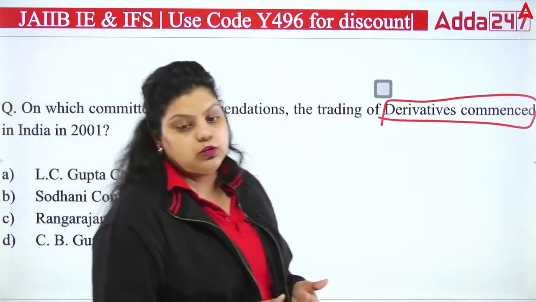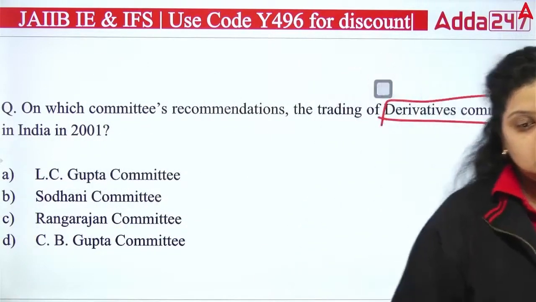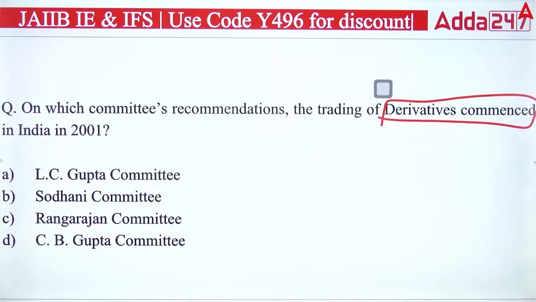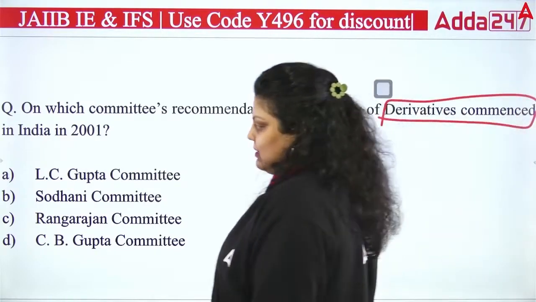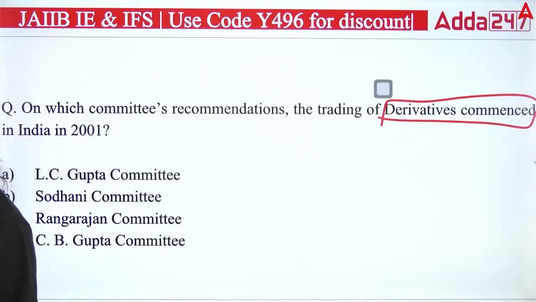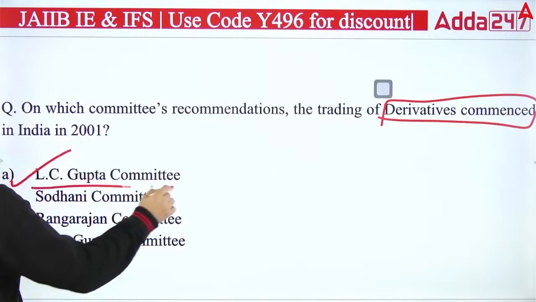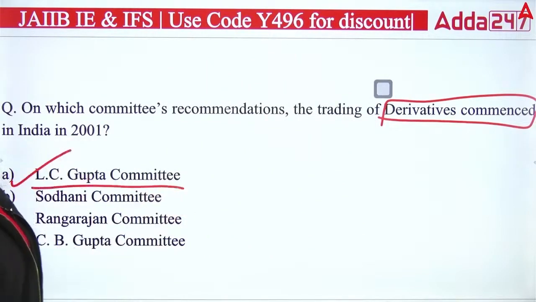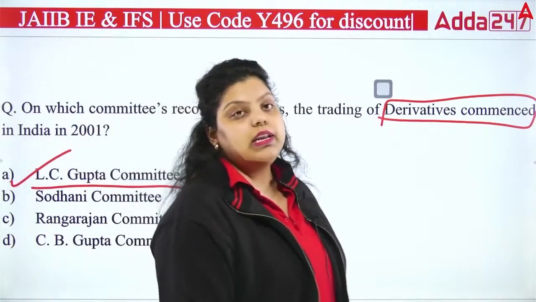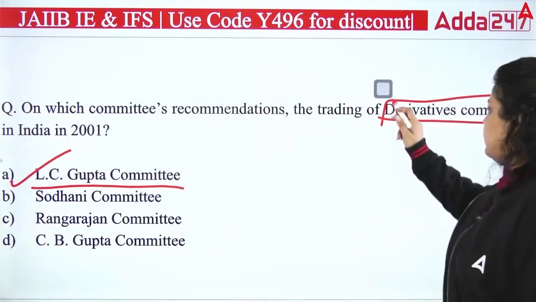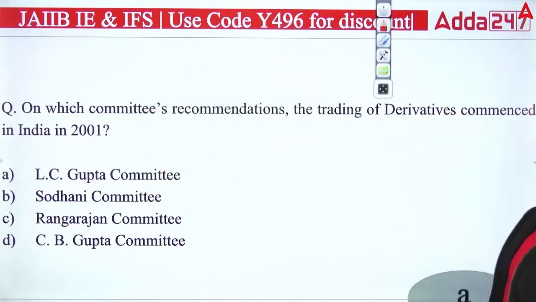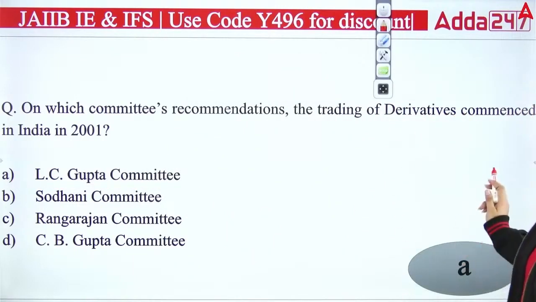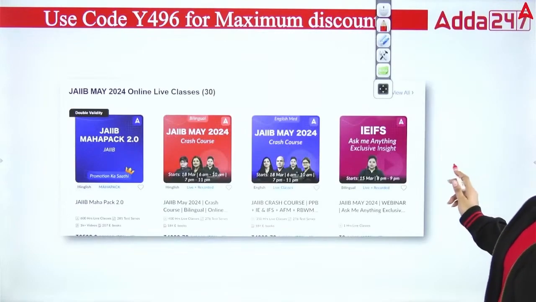LC Gupta Committee, Sudhani Committee, Rangarajan Committee, CB Gupta Committee. The right answer is LC Gupta Committee. The LC Gupta Committee recommended the trading in the derivative market. So the right answer will be option A.